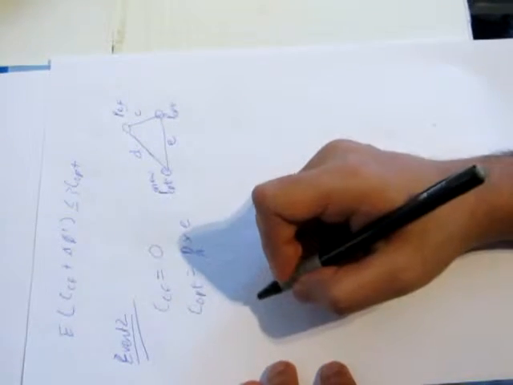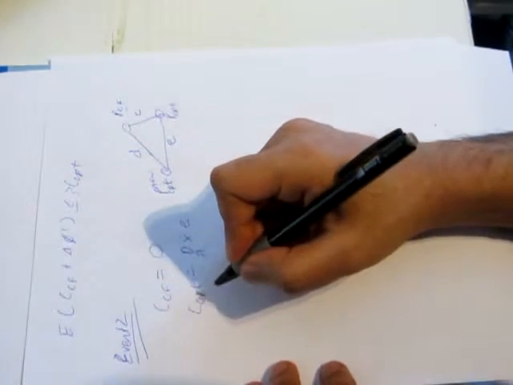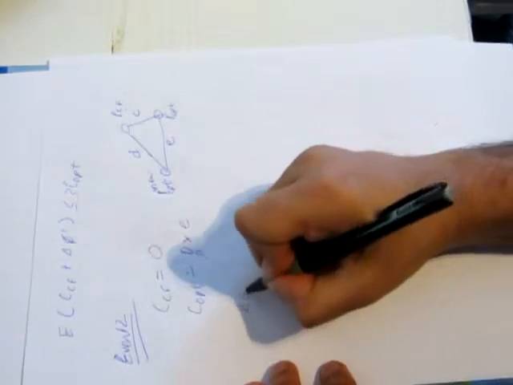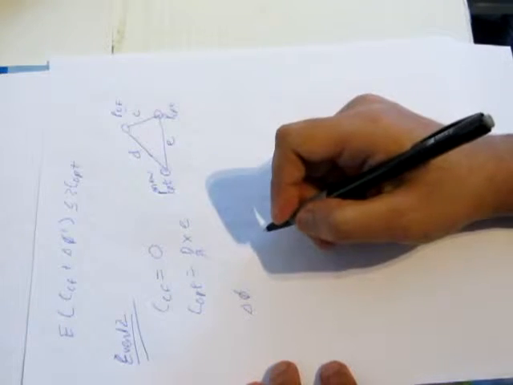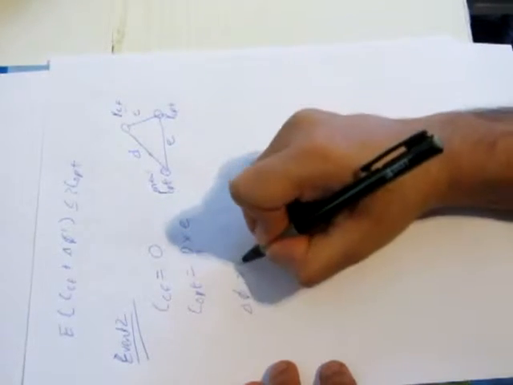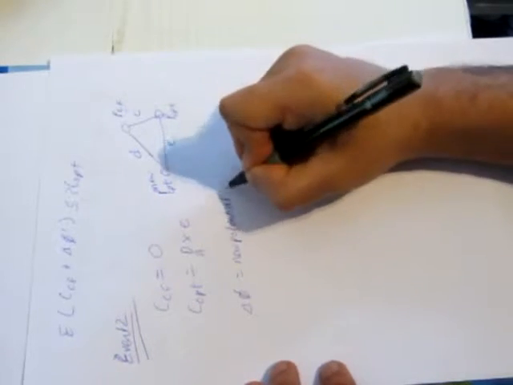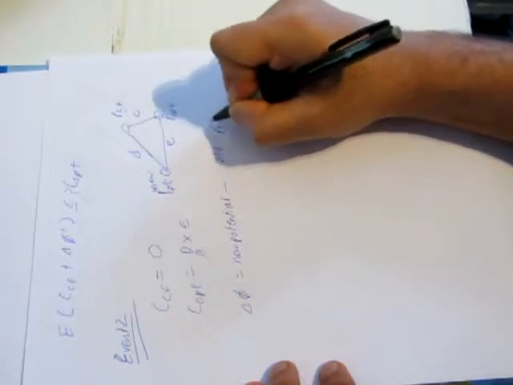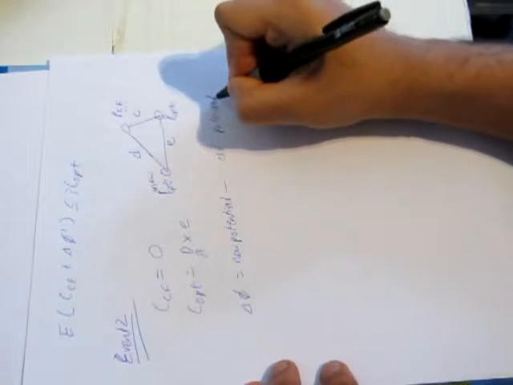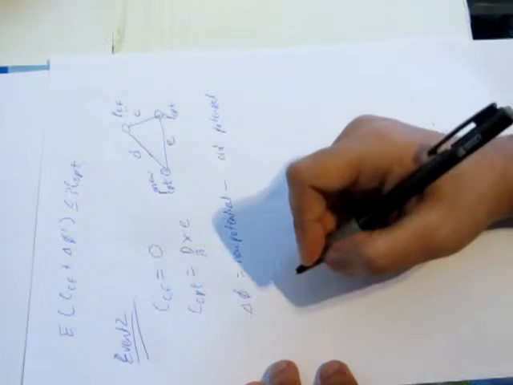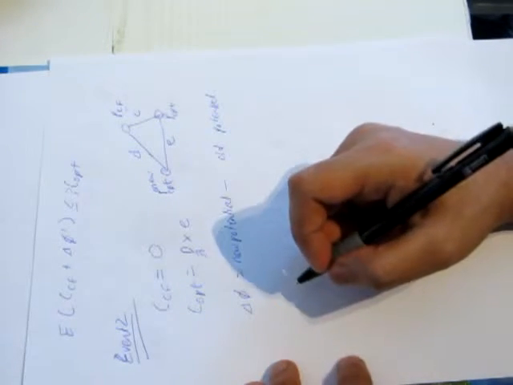Okay, now we have to find the value for the delta potential, that is the change in potential. So it is equal to the new potential function minus the old potential function. And what is the new potential function?